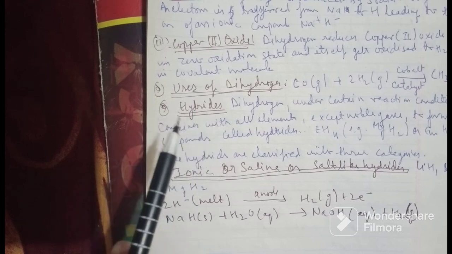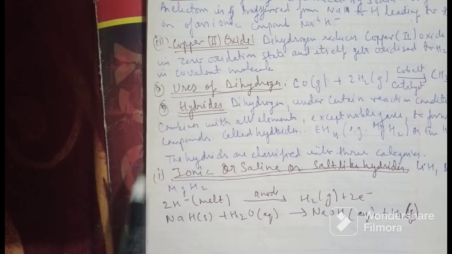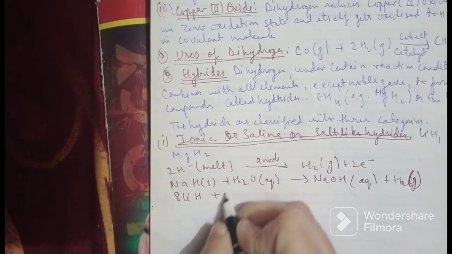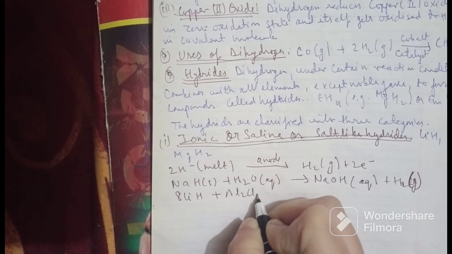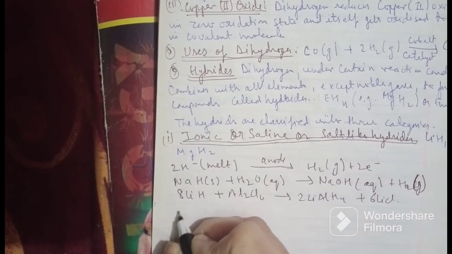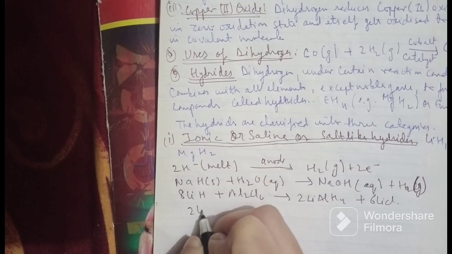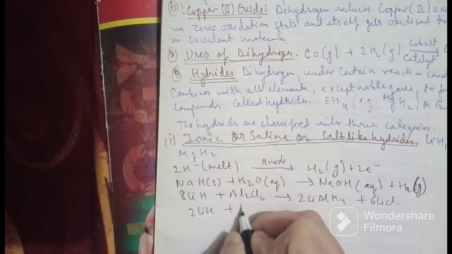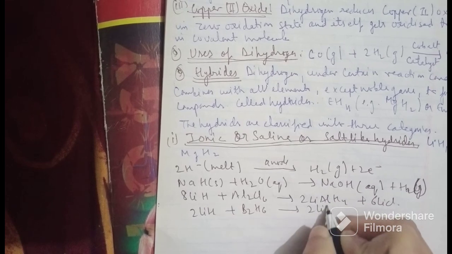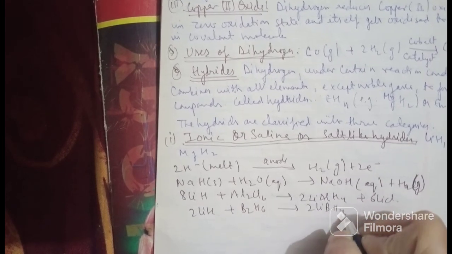It is therefore used for the synthesis of other useful hydrides: 8 LiH plus Al2Cl6 gives 2 LiAlH4 plus 6 LiCl, and 2 LiH plus B2H6 gives 2 LiBH4.